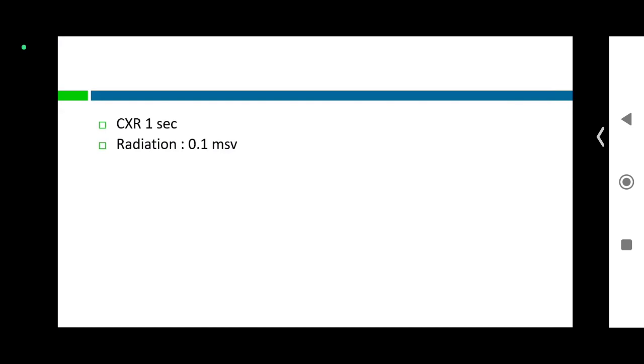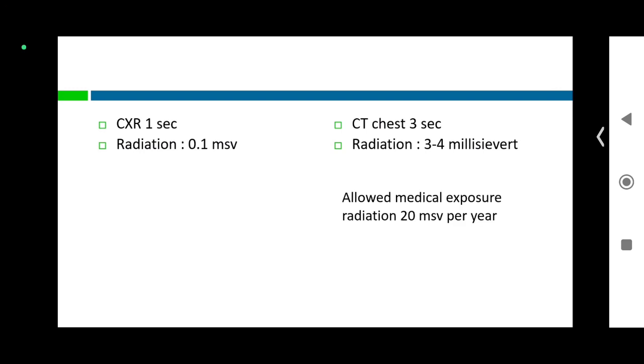The radiation is 0.1 millisievert. CT, you need 3 seconds to do a CT. The radiation is 3 to 4 millisievert. The allowed medical exposure radiation per year is 20 millisieverts.